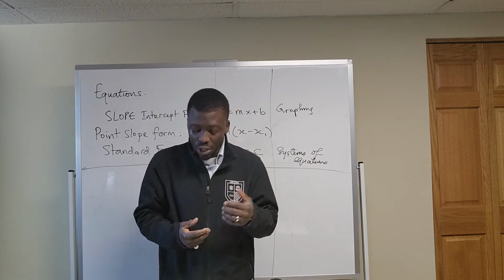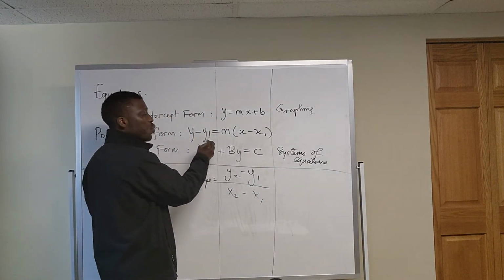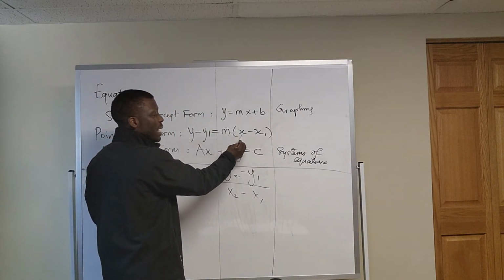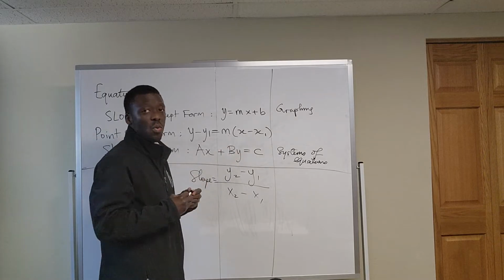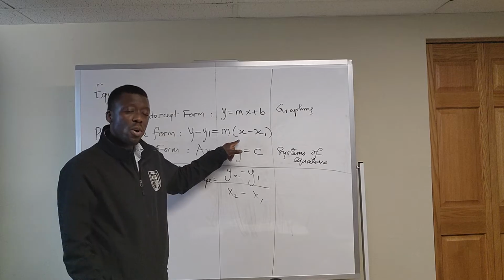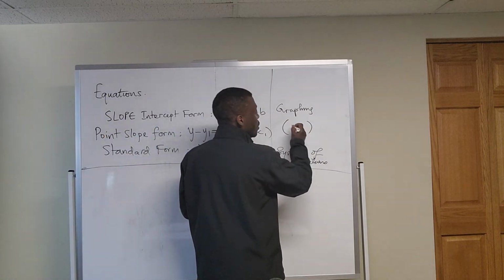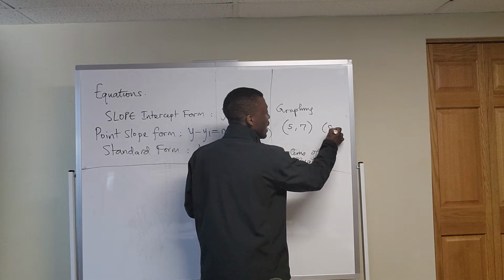So in doing the point-slope form, though, notice that it's y minus y1 is equal to m into x minus x1. The important thing here to note is that when you're using the point-slope formula, you select one of the 2 points. So let's say they give you this point and this point.